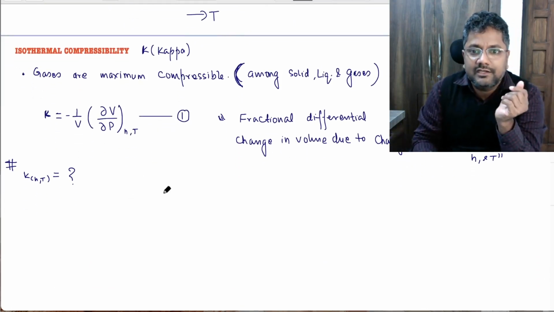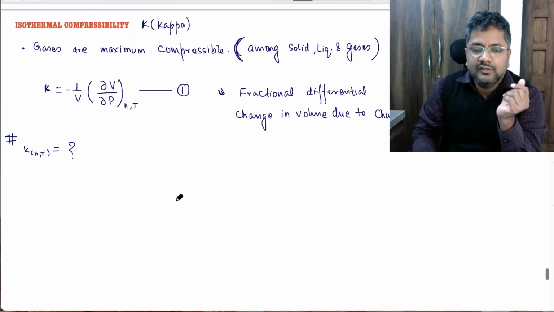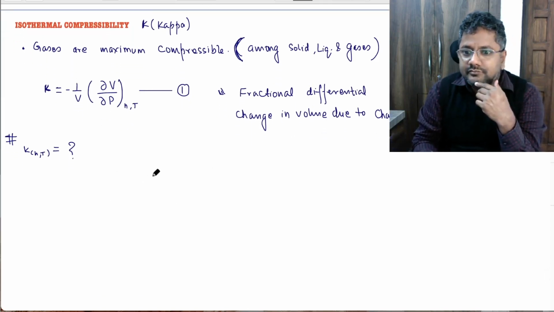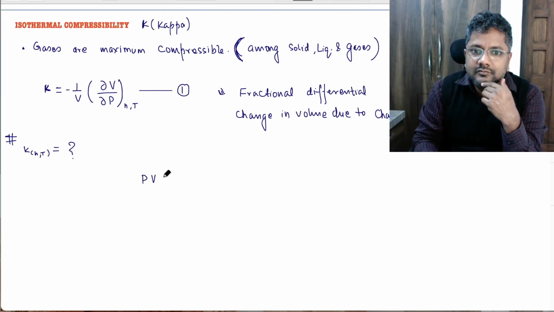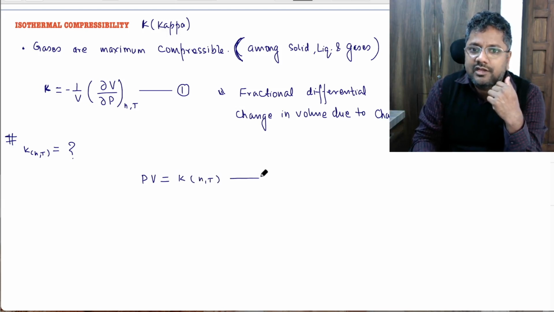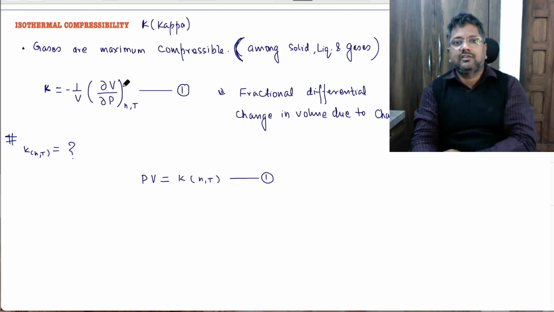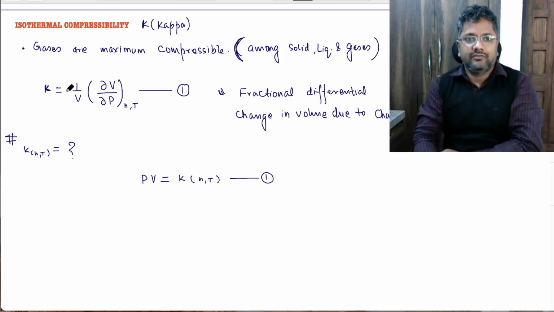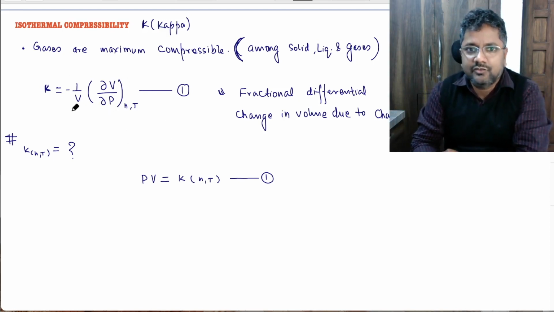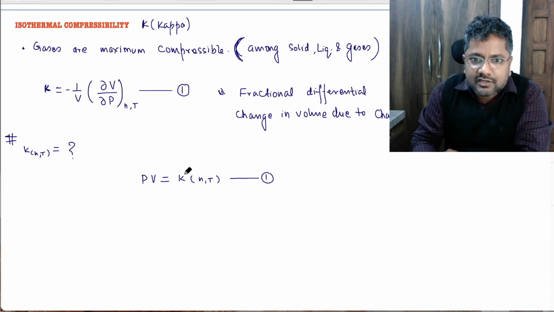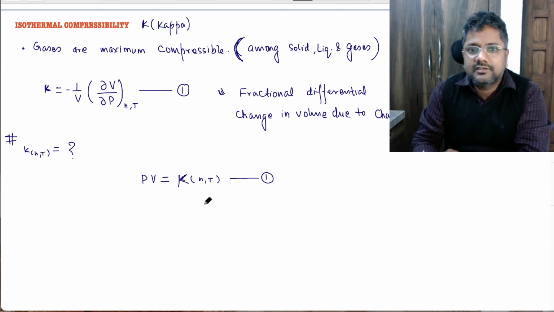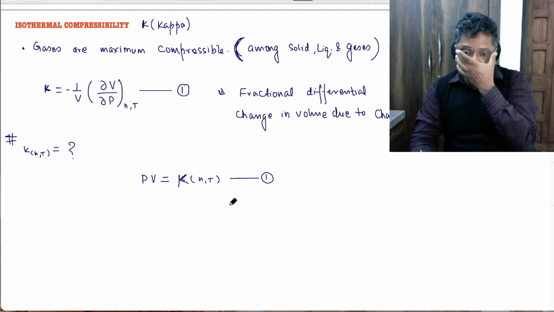So you can write PV is equal to K, where N into T are constant. So this is Boyle's law. By using Boyle's law, you can evaluate the value of kappa. This is not kappa, this is K, basically a constant, right? Okay.